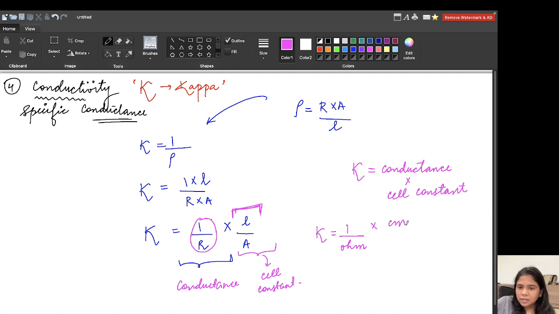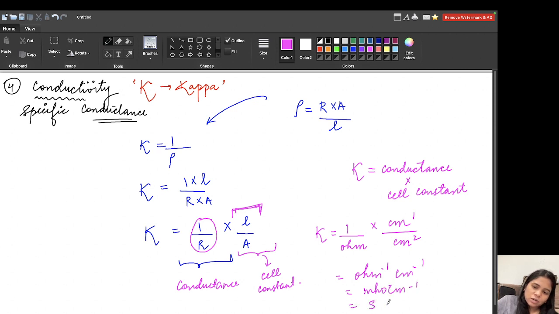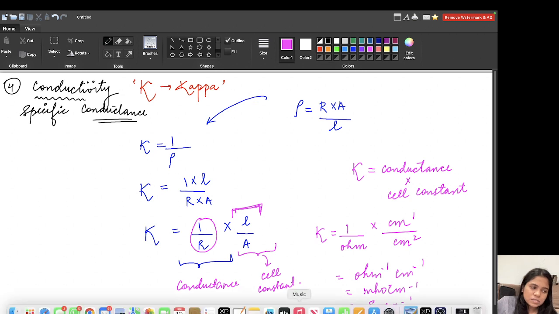Length is centimeter, and here you have square. So 1 minus 2 minus 1. So the unit will be ohm inverse centimeter inverse. Ohm inverse is also called mho, right? Mho or centimeter inverse. This might also be called Siemens centimeter inverse. Okay, so all these things we have studied now.